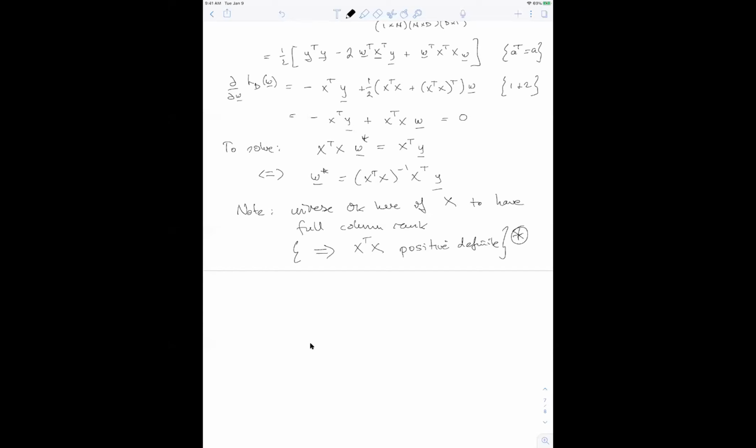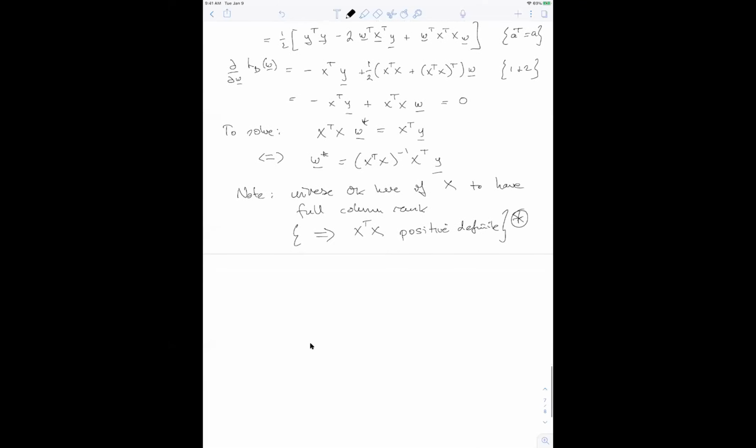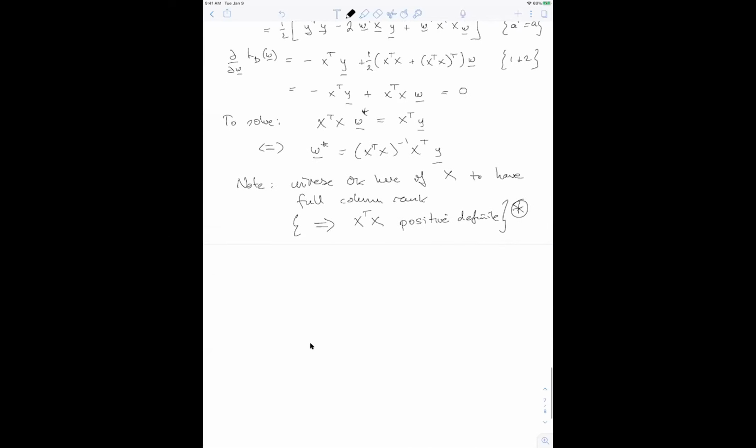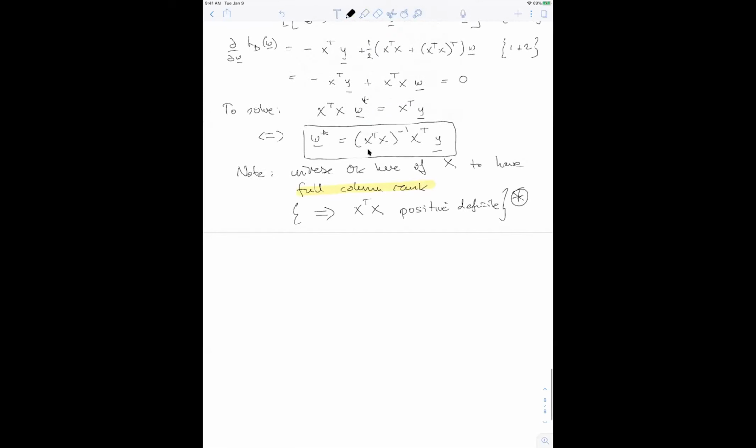I don't think it's even in the problem set. What I want to emphasize is this interpretation. So I said full column rank for this solution to be valid so that we can invert this X transpose X matrix.